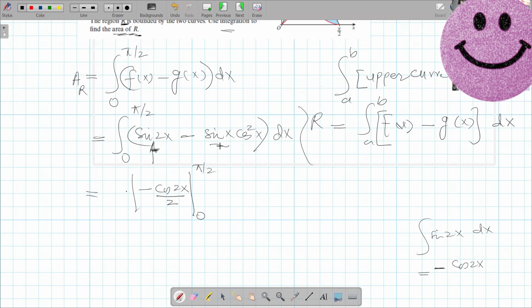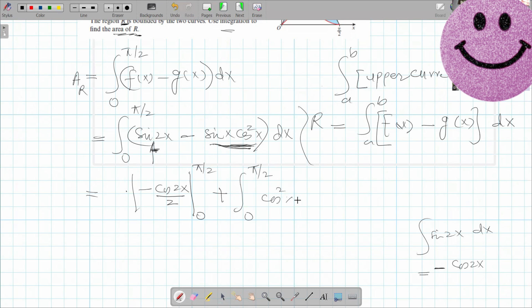What about the second term? No problem. If you can write the integral like this, we will integrate in the next step.